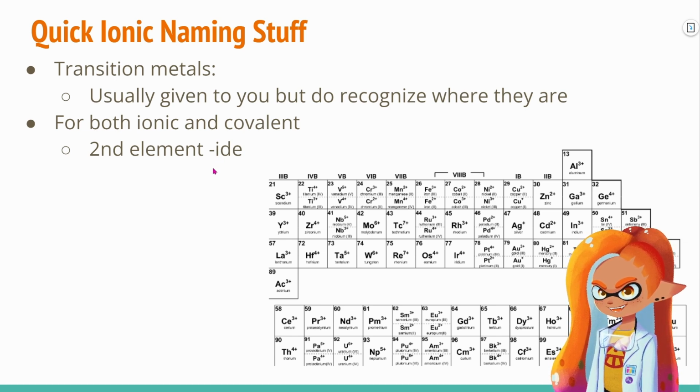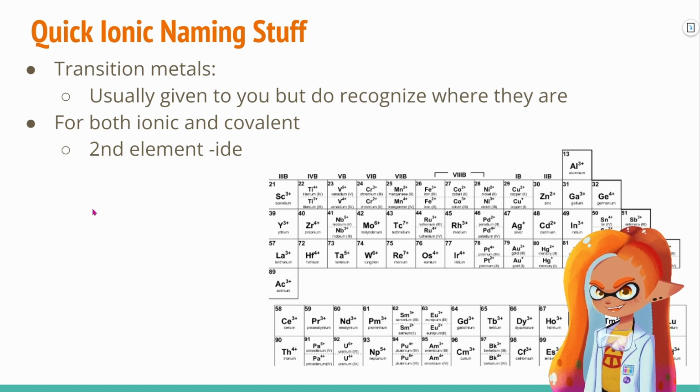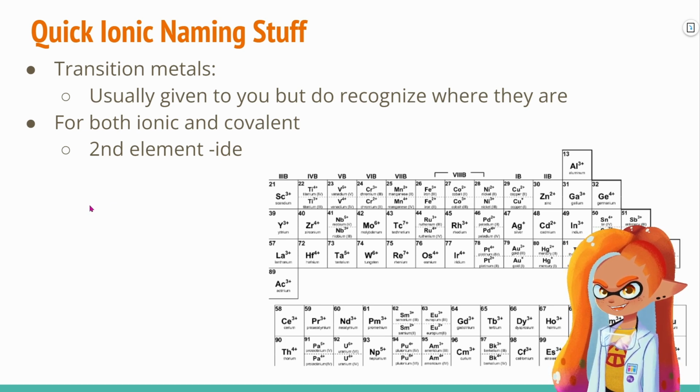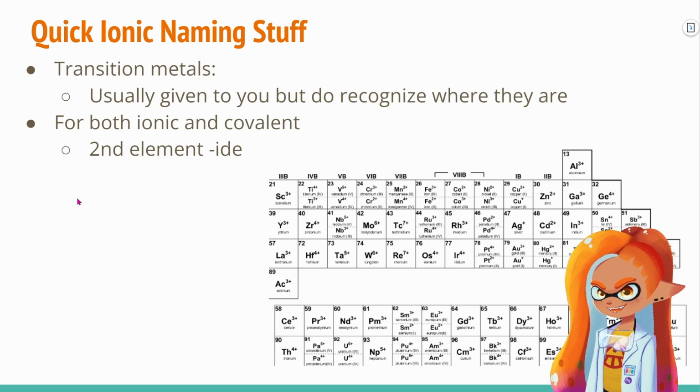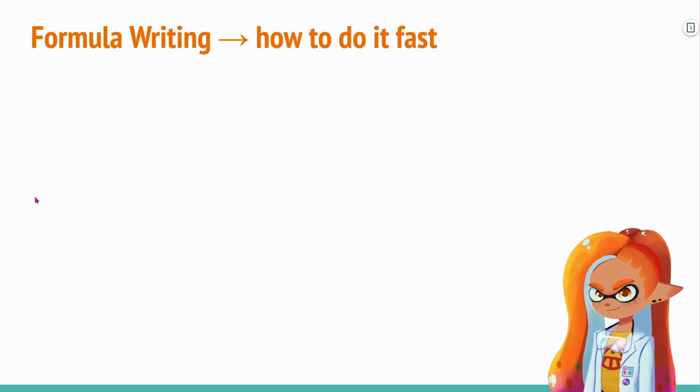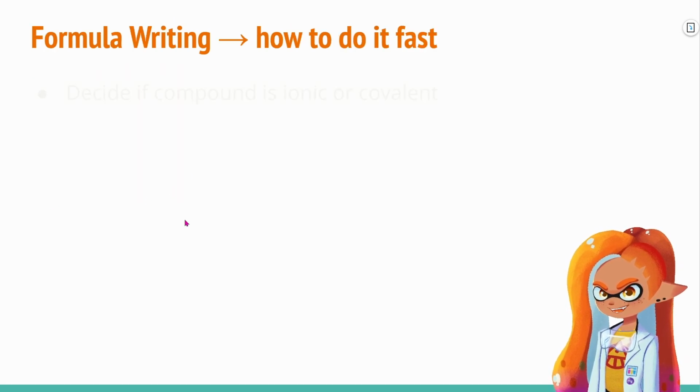If it is a polyatomic ion for something ionic, do not change it. But if it's an element by itself, and there's only 2 elements in this compound, then IDE. If it is the ionic where you have a nonmetal at the end, just one nonmetal, then it also ends in IDE.